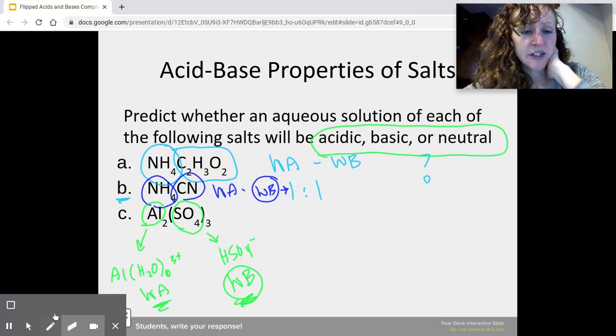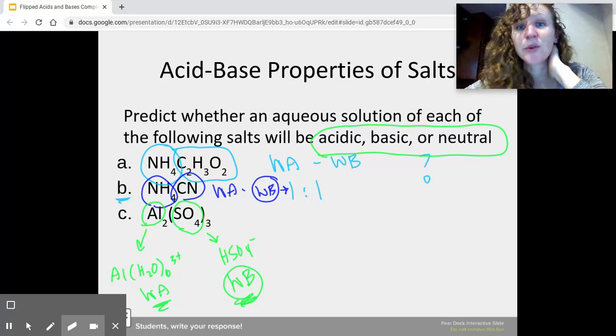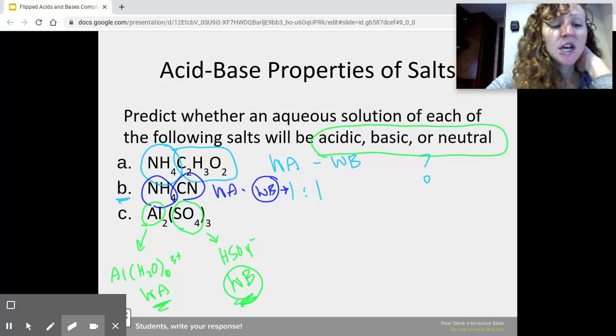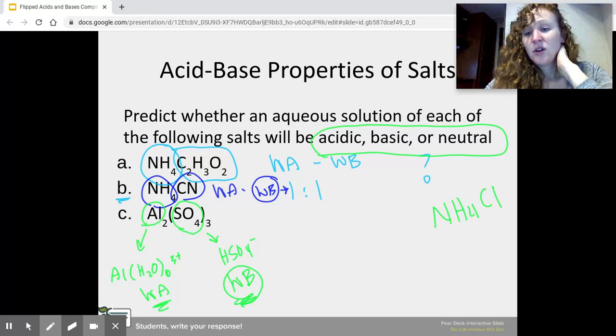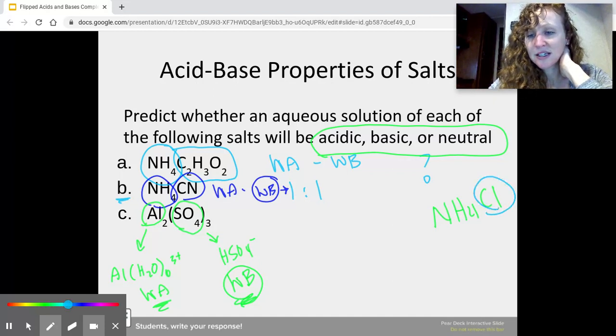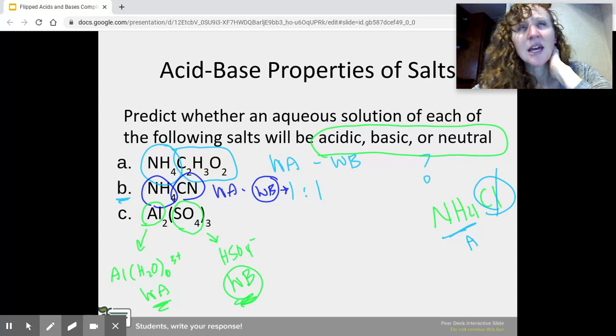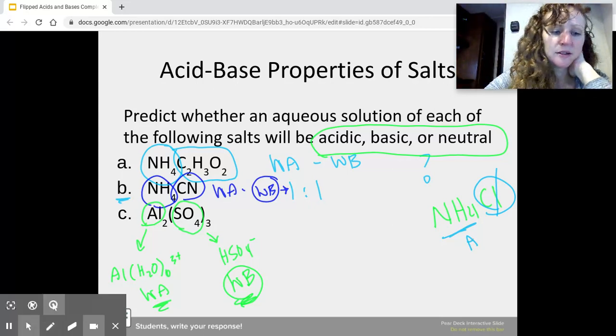It'd be easier if some of those were conjugates of very strong species, and then we could say for sure whether it was going to be acidic, basic, or neutral. A good example of that would be the last two things, right? We had NH4Cl. We automatically know on NH4Cl that Cl minus is going to be a useless base, right? So that one would come out acidic. And then what was the example before that?